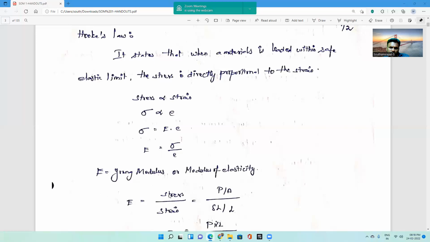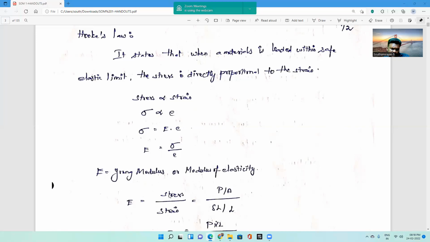Beyond the elastic limit, the material transforms from the elastic to the plastic limit. After reaching the plastic limit, the material will not regain its original shape. Up to the elastic limit, after removing the load, the material will return to its original shape.